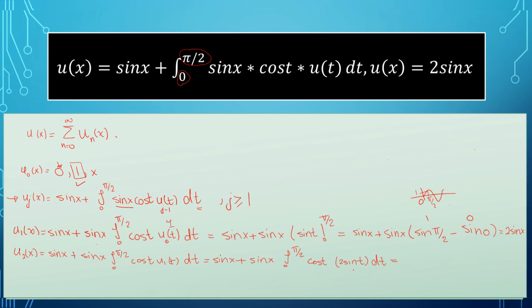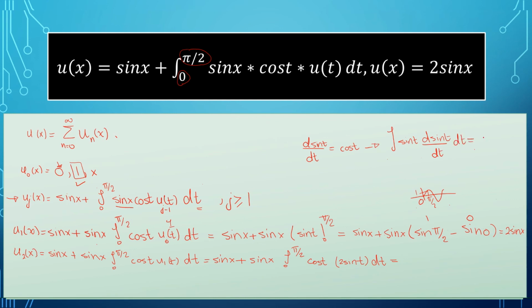What's the integration of cosine t, sine t? As you can see here, we know that d over dt for sine t is equal to cosine t. So if we rewrite this integration, it will be sine t d sine t over dt, of course.